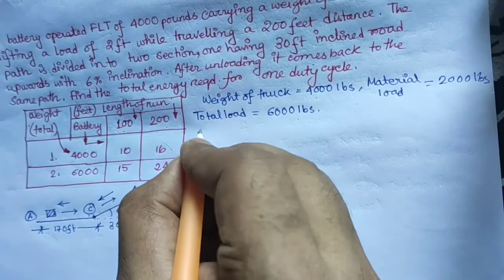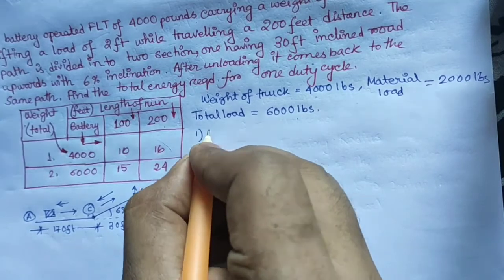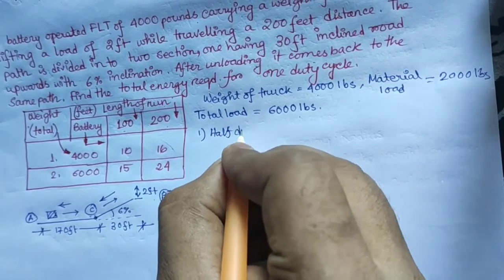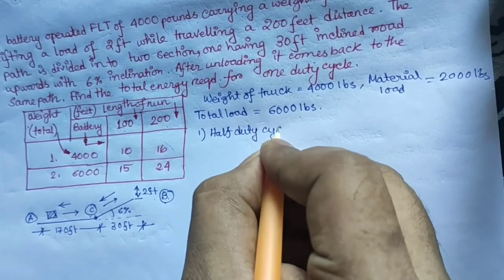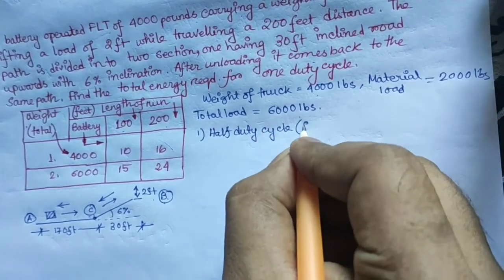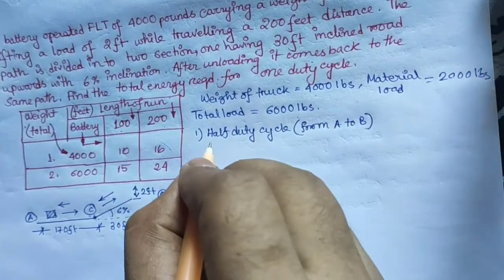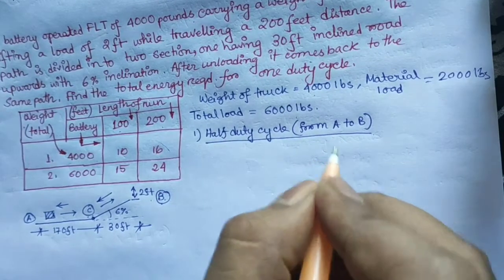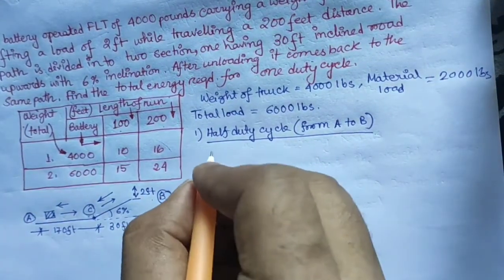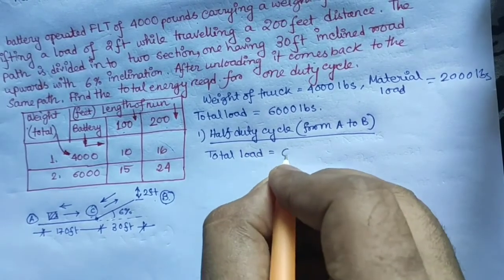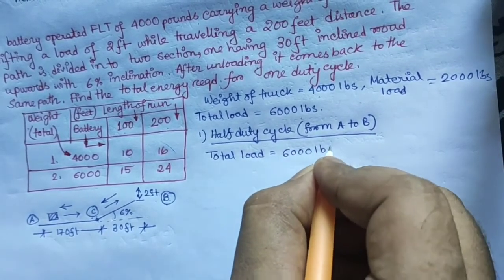So first section, that is the half duty cycle from A to B. Okay, so from A to B, total load, that is 6000 lbs.